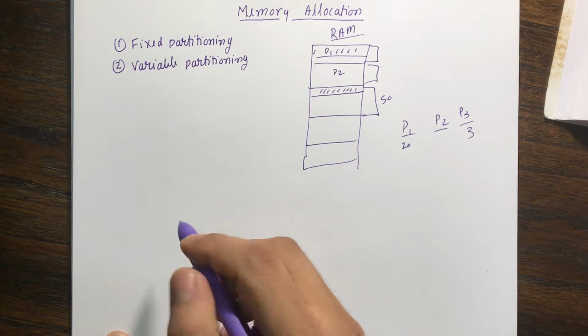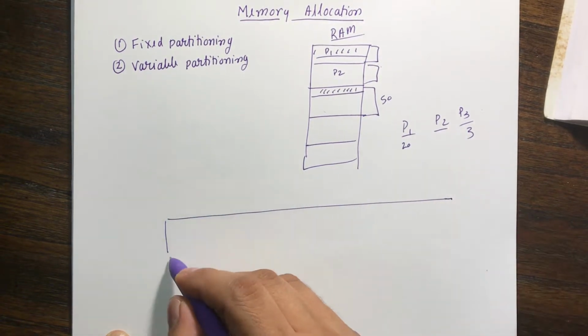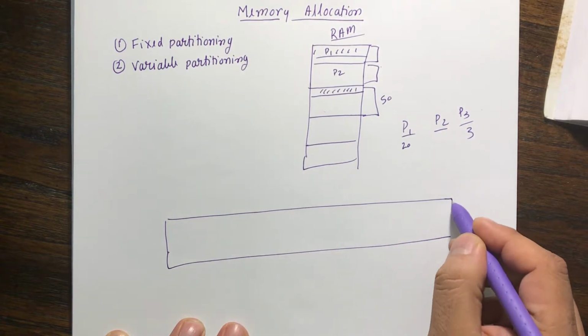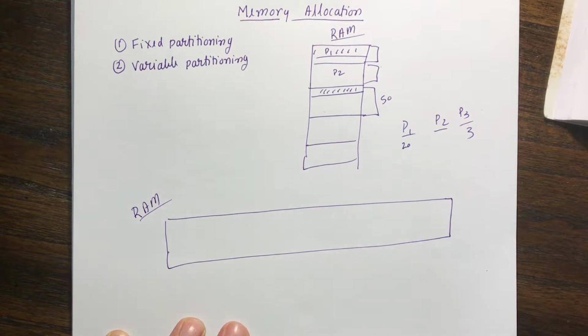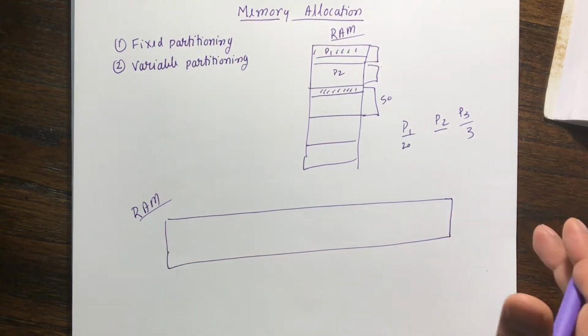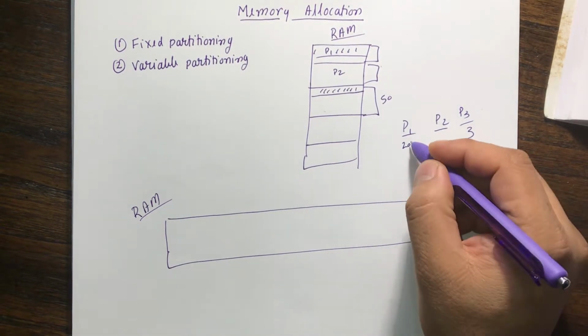What is variable partitioning? Let's look at our RAM in a different way. So let's say this is our RAM, and we have an entire empty space. This place is called a hole. A process comes, let's say of size 20.